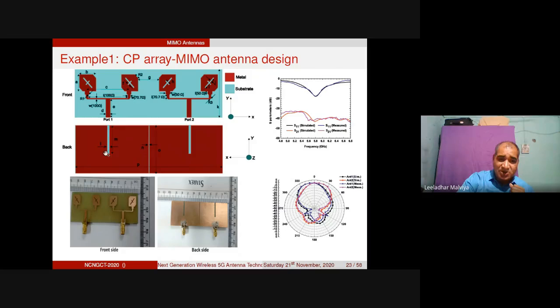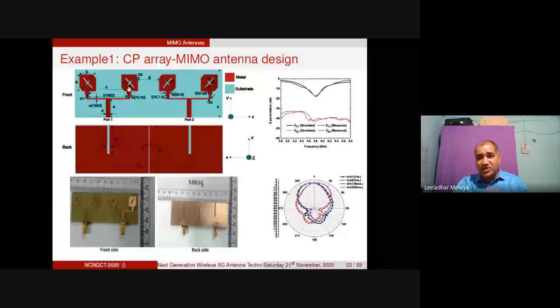We have made a slot here between the 2 patches so that the element to element coupling can be reduced. So by using this, we have done the linearly, left-hand circularly polarized antenna as well as right-hand circularly polarized antenna. And you can find here that yes, the patterns are directional here, right?